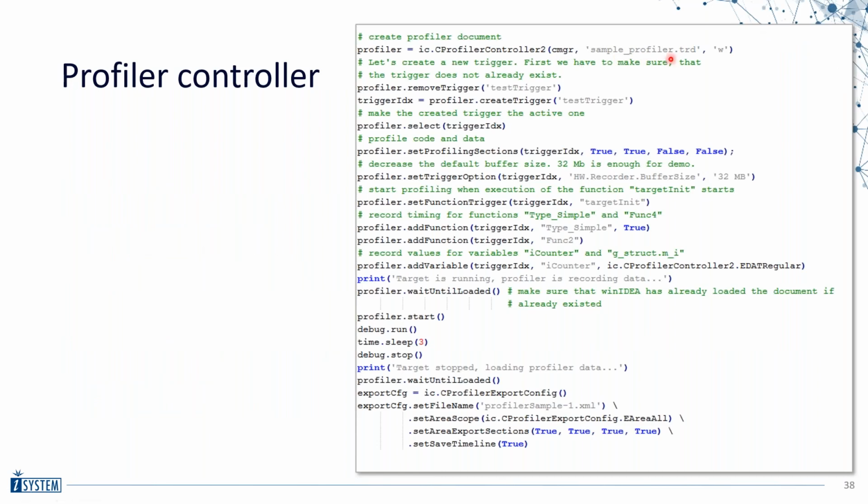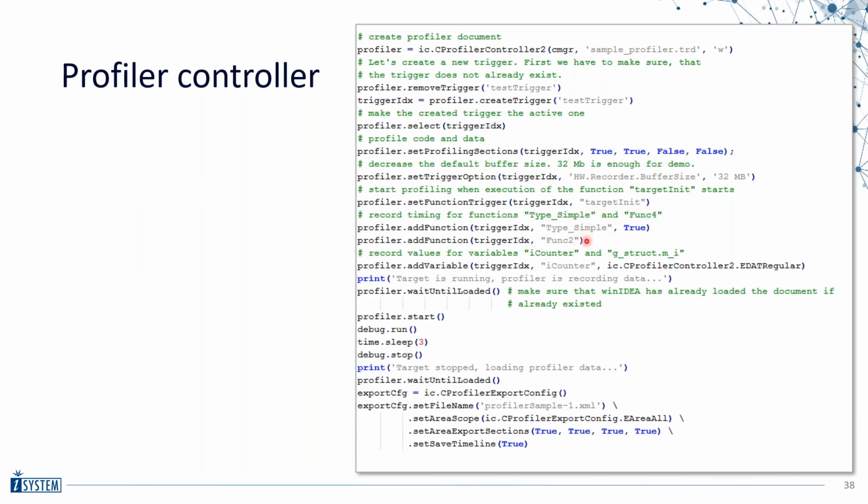Here we once again create a trace file. We'll create a completely new trigger that will start at this function. It means we will start measuring timing of the execution when this function is hit.